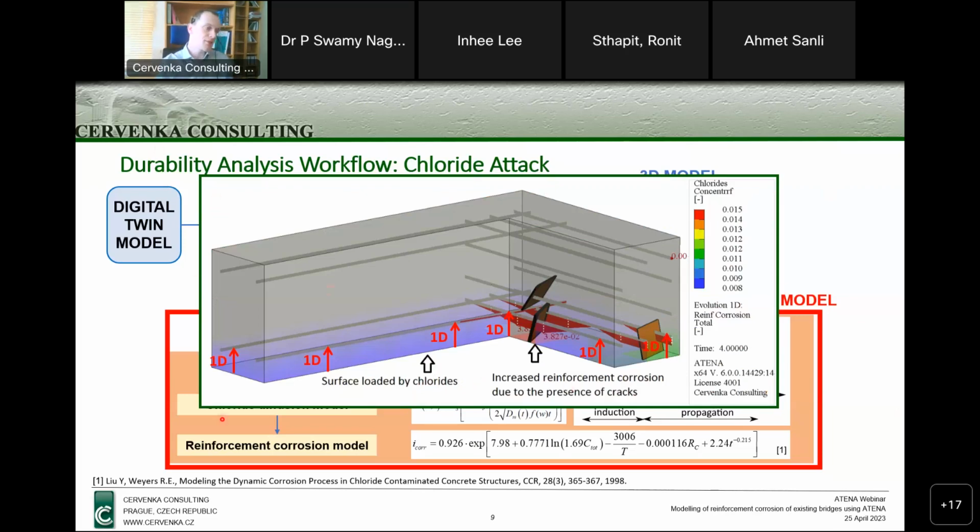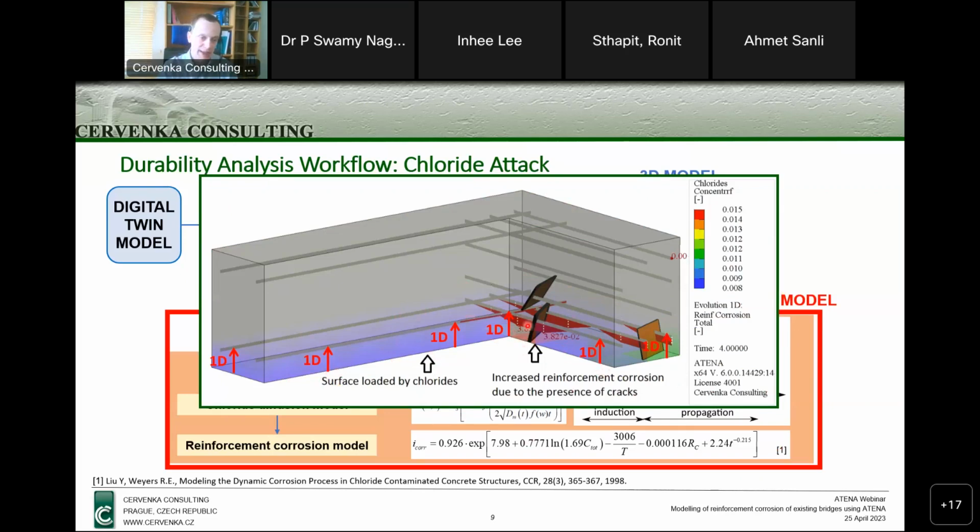So in this figure, you can see some representation or some outcome from the analysis for a simple L-shaped beam. So assume that there is a uniform chloride load at the bottom surface.